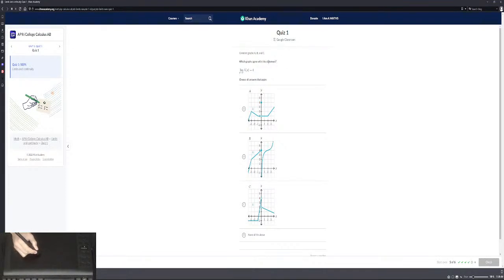Which graphs agree with the statement: the limit of the function as x approaches 0 from the negative direction equals 4?